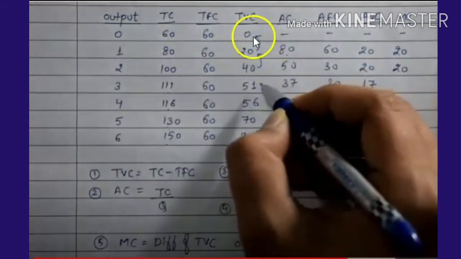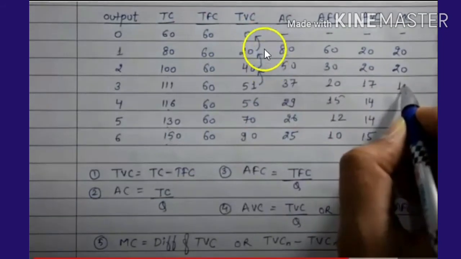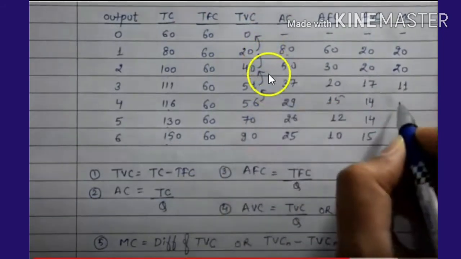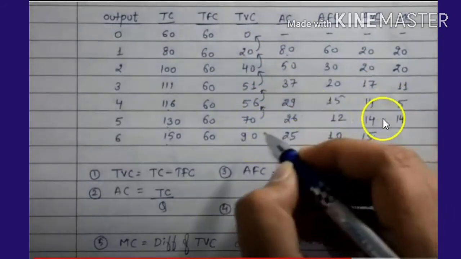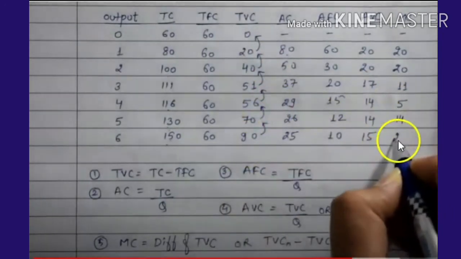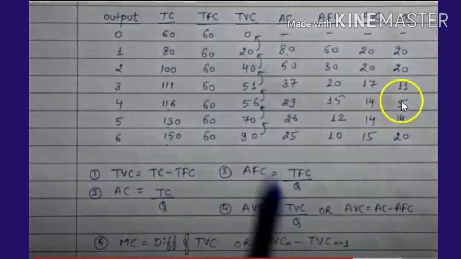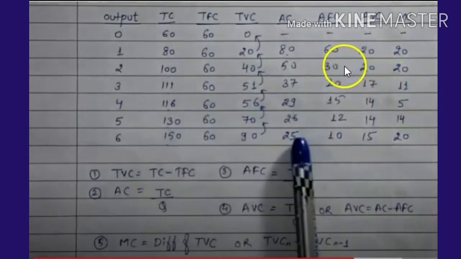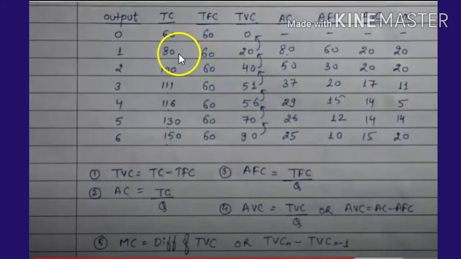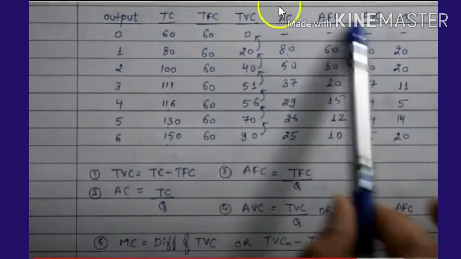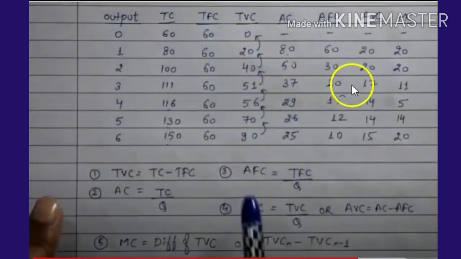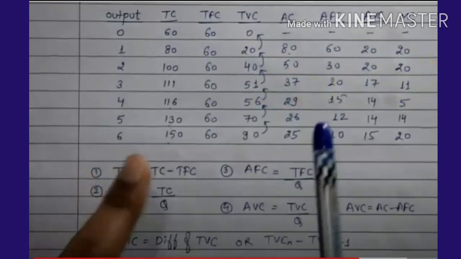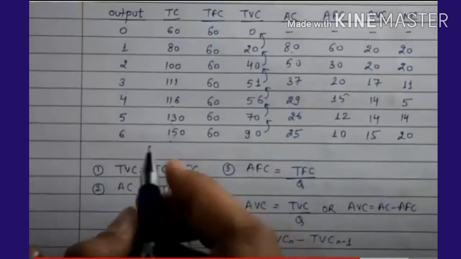So from this TVC also you can find 20, then again 11, then again 5, then again 14, then again 20. Okay, hope you understood. So by this TC, or by subtracting these two TVC also, you find the answer. So hope you understood. If you have any doubt, ask me.